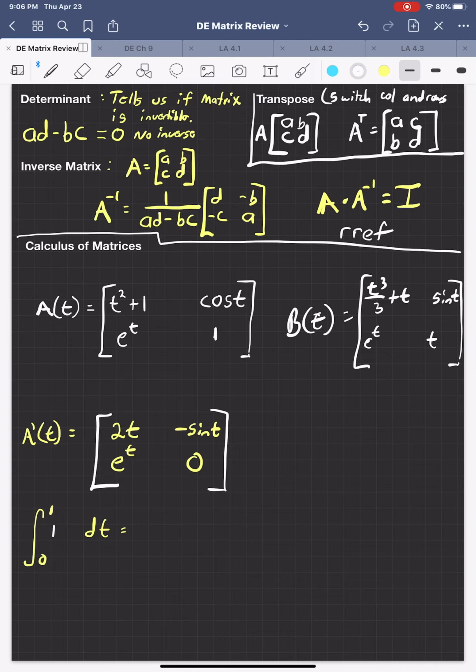And now, what if you wanted to integrate B of t? So let's go ahead and do that right now. Not that we couldn't have done it with A. It's just good to have some different exposures to some different problems anyway. So let's proceed. We're going to integrate each entry.